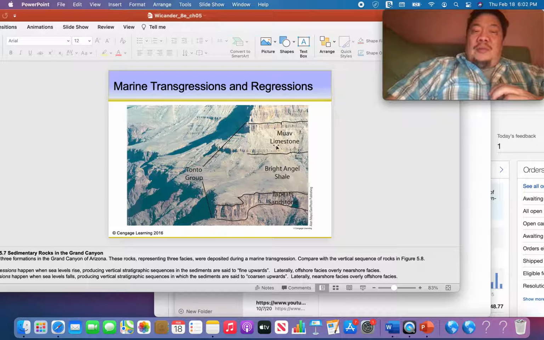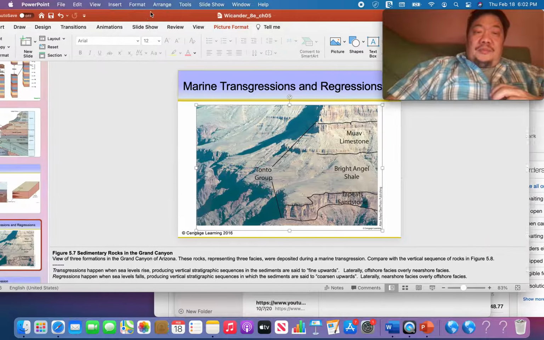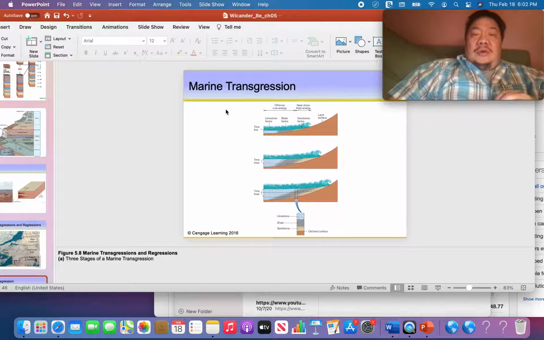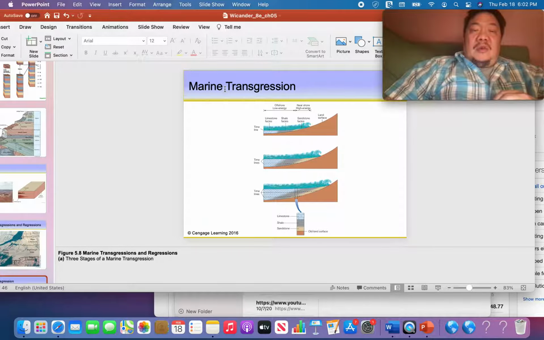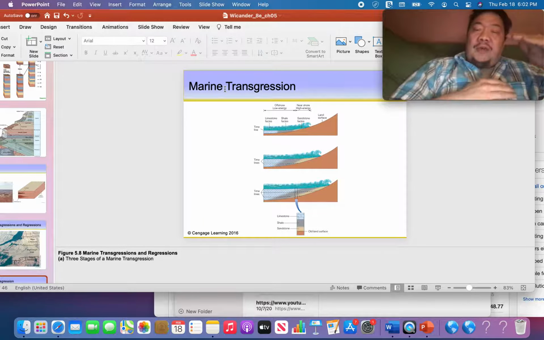Usually when we have a limestone, that means, since limestones form in a shallow marine environment, that we're looking at a transgression, doesn't it? Well, how do stratigraphers look at sedimentary rocks and stratigraphic columns and figure out, are they looking at a sequence of transgression where sea level was rising, or a sequence of regression when sea level retreats?